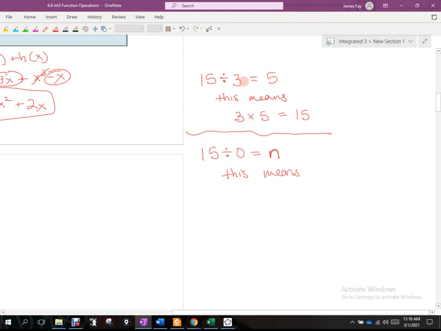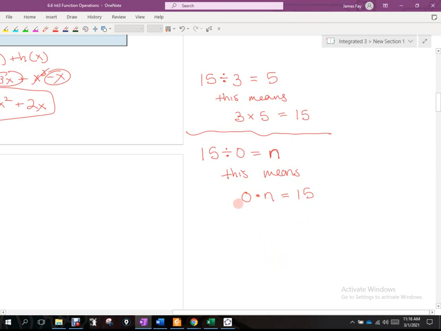That would mean, going through the same pattern here, it'd be 0 times n, because this went 3 times 5, right? This would be 0 times n equals 15, right? Does that make sense to everybody? Okay.